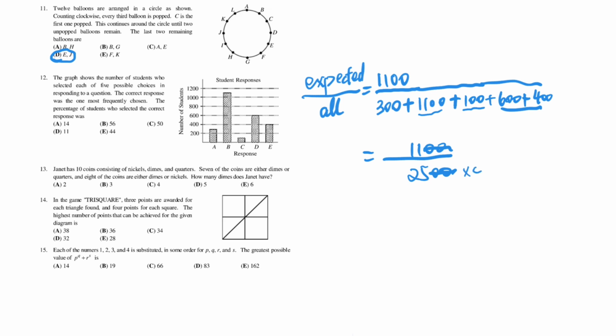Multiplying the bottom and the top by 4 gives 44 over 100. That's 44%. A percentage is a fraction with the denominator 100. So the correct answer is 44%.